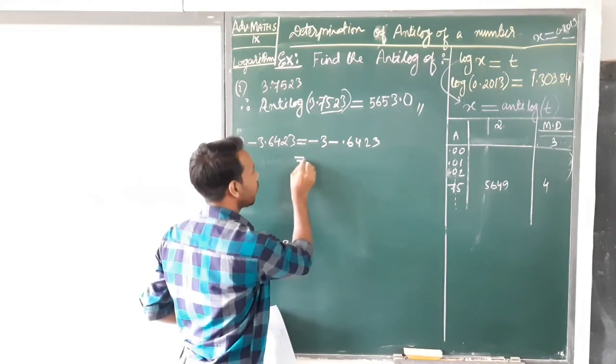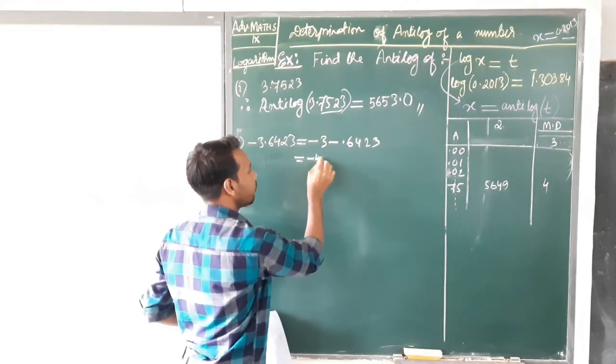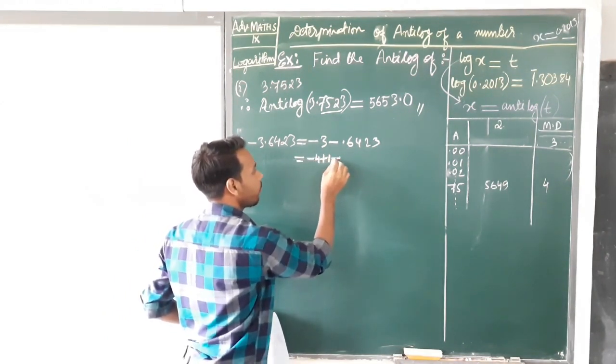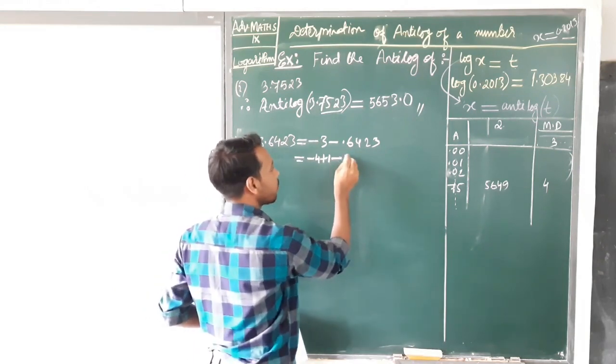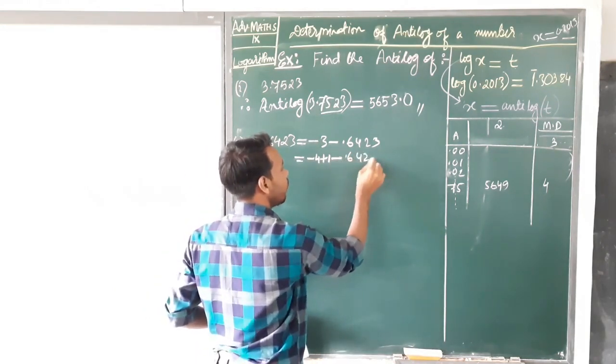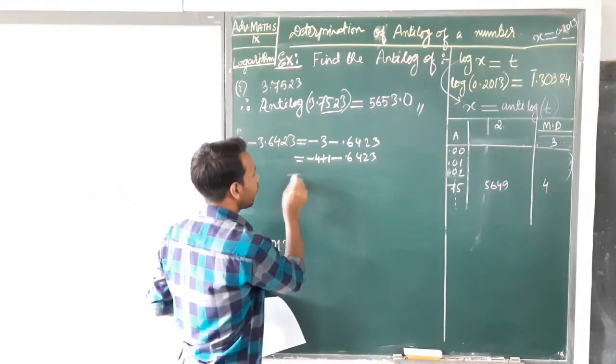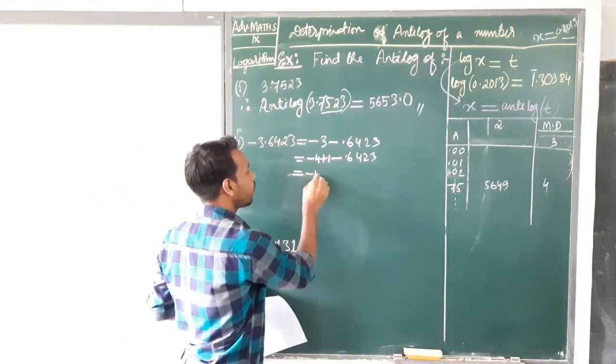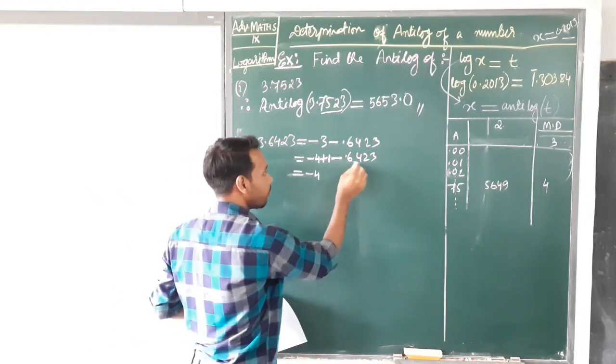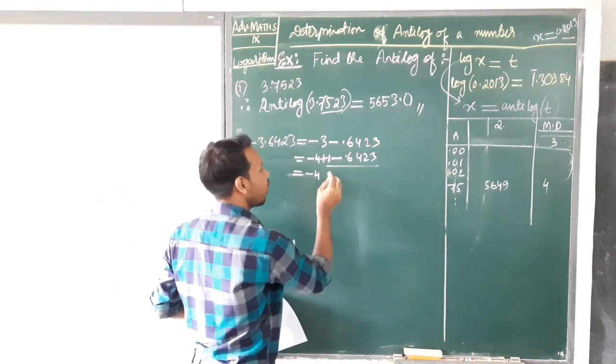Let's see how we can make it positive. Very simple. Minus 3 we can write as minus 4 plus 1, and this minus 0.6423 will remain as it is. Then subtract 0.6423 from 1. How much will you get?